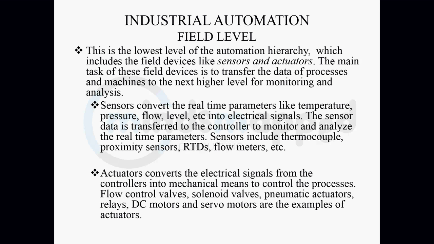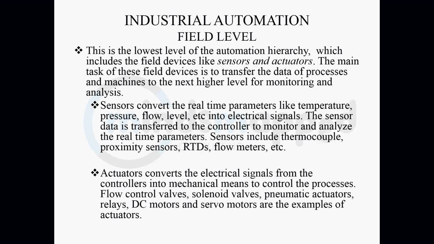So majorly prevalent signals that you get, these electrical signals, are either 4 to 20 milliamperes or 0 to 10 volt DC or 24 volt, right? Depending on the type of sensor, whether it's an analog sensor or a discrete sensor, will decide what type of electrical signal you're going to receive.